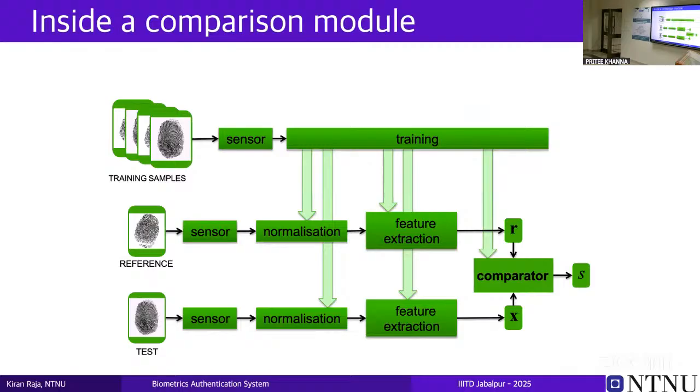And then you have a slightly more complex model. What typically happens in practical scenarios is that all these things happen on the training samples. So these are your training samples, which are completely different from the test sample. You extract the data and then train a module for normalization, a module for feature extraction, and then another module.